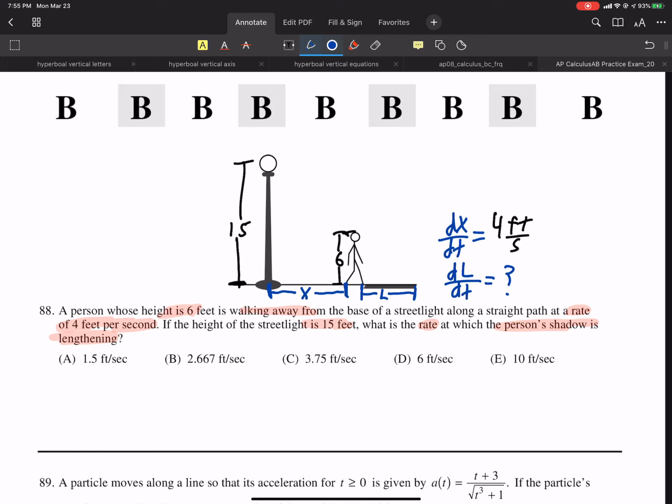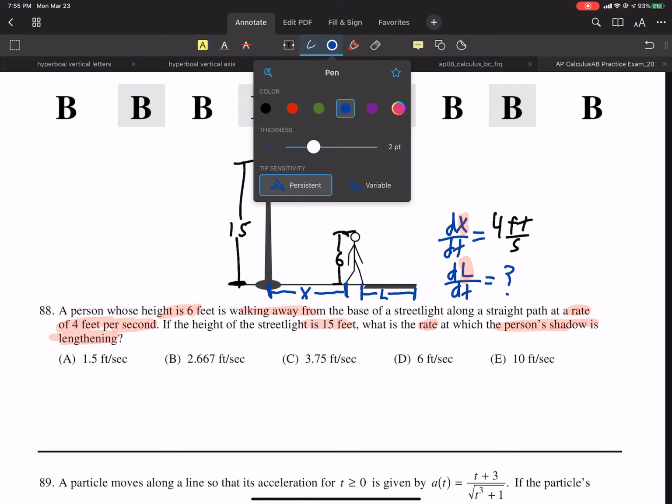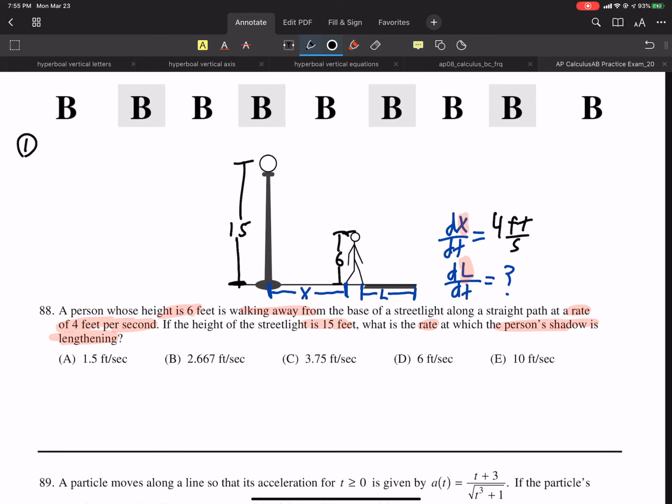to t. So in this one, I told you there were 4 major types of equations that you would use. So we need an equation with x and L. So let me list the 4 types. 1, Pythagorean theorem.